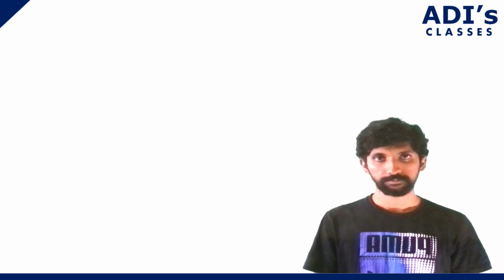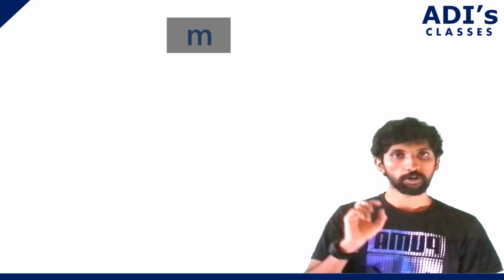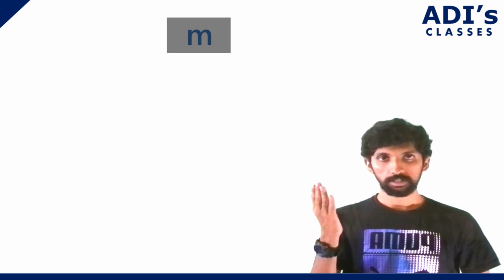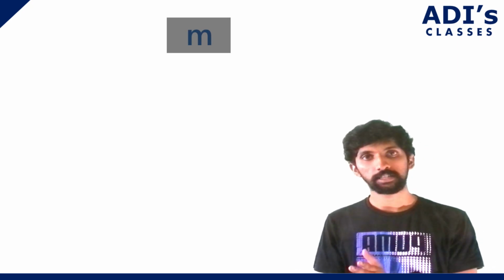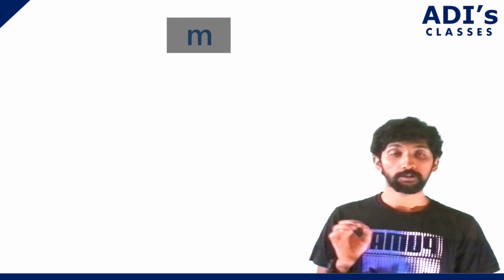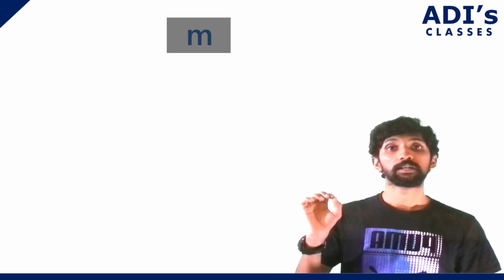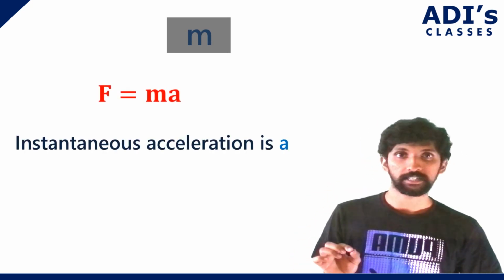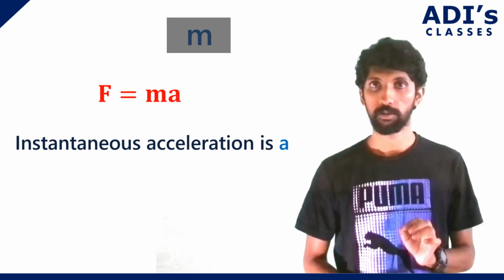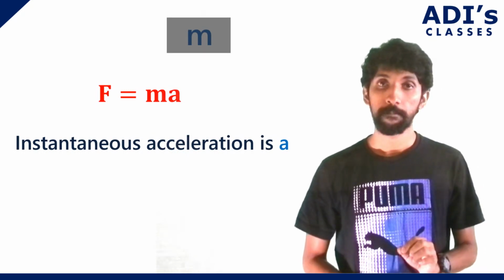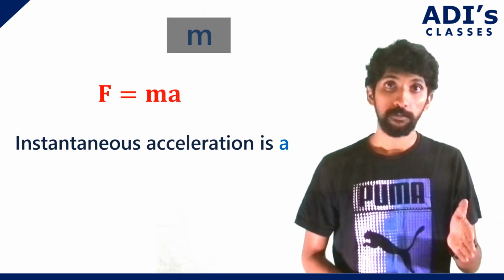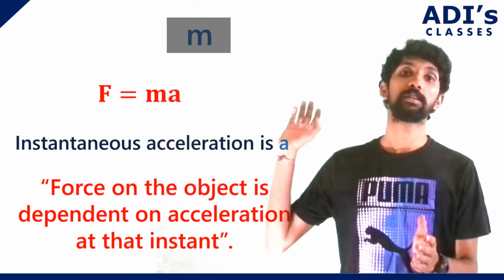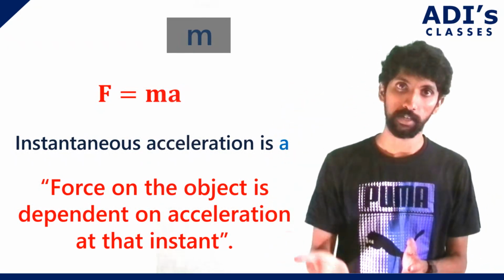Next point. Let's say you have an object. Newton's second law says the mass of the object times the acceleration gives you the force. Now, let's say the acceleration of the object at this instant is a. The force F depends on this particular acceleration, not on the acceleration the particle had before.